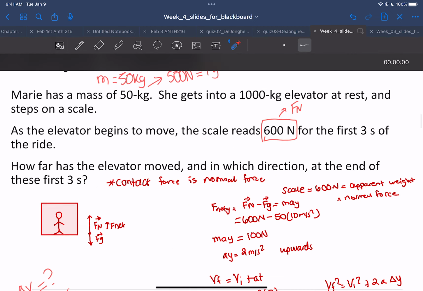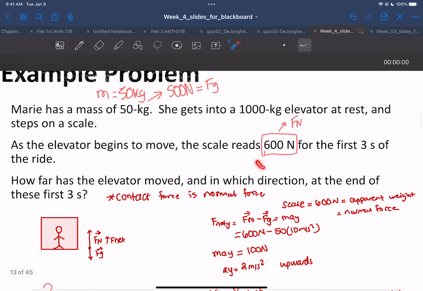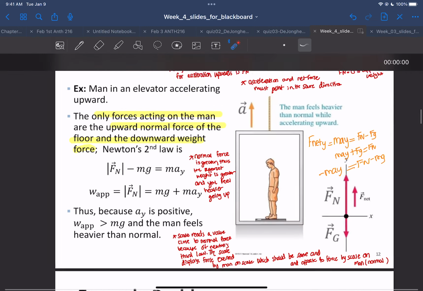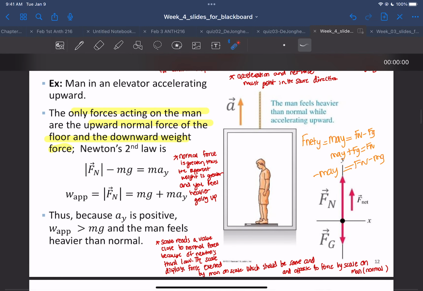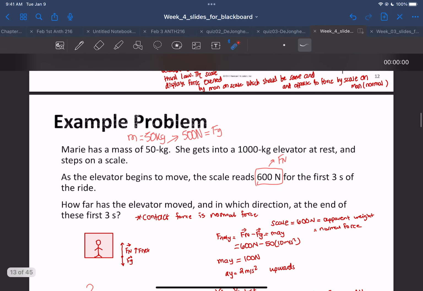Because, at least from a conceptual standpoint, if we know that she feels heavier than she actually is, then we could say that she's been moving upwards, right? Based on that kind of feeling and that general concept that we were looking at from before. But maybe we don't want to jump too far ahead of ourselves, and let's slow down a little bit, right? And take it one step at a time.